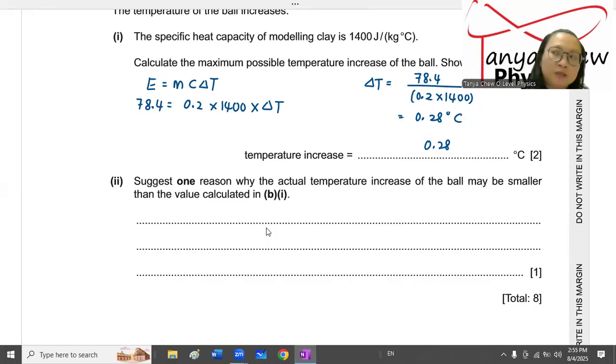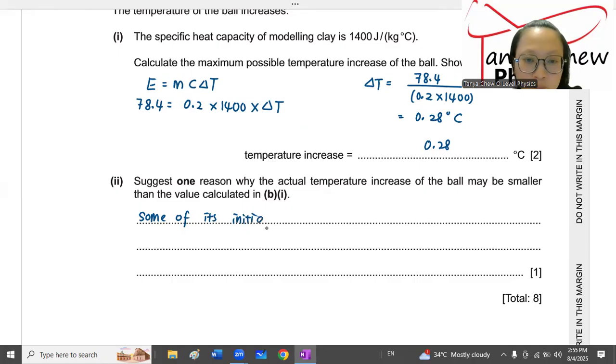Apart from the internal energy, apart from the heat given out by the ball, due to the friction between the surface of the ball and the ground. So I would say that some of its initial energy is being converted to sound.